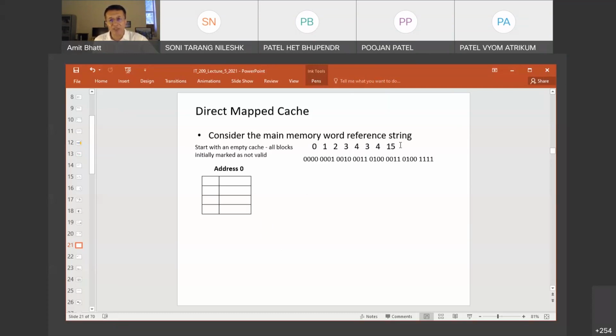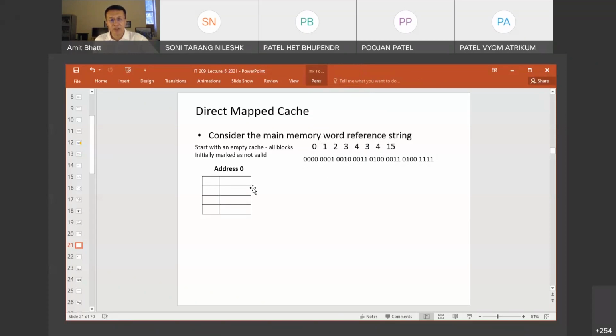It could be a data reference or an instruction reference. And these in binary would be 0000, 0001, and so on. Again, my cache size is a toy size. And the first demand coming from my processor says, I want address 0000.